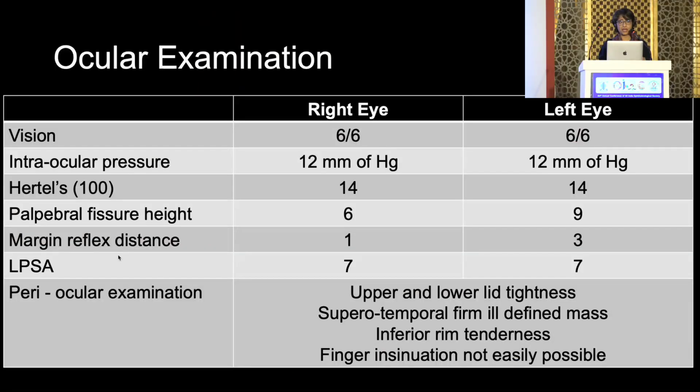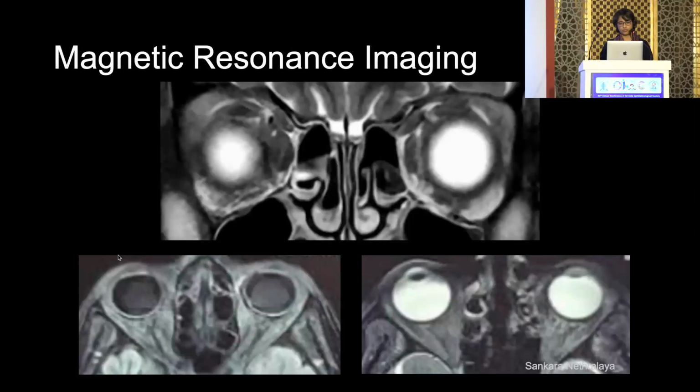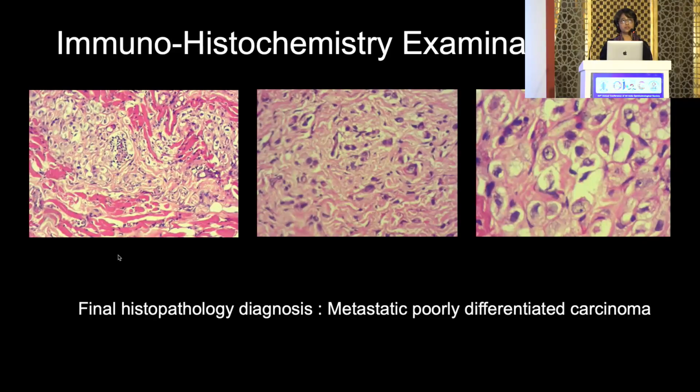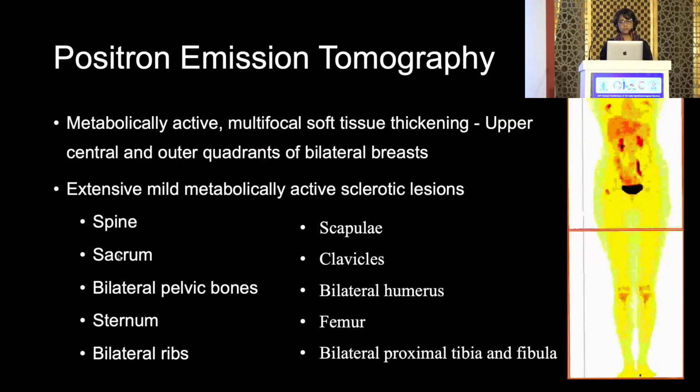And when we actually palpated her entire orbit, both of them were stiff, with a firm, ill-defined mass palpable in the superotemporal quadrant. MRI showed thickening of all the extraocular muscles along with a diffuse orbital ill-defined lesion. Biopsy confirmed a metastatic poorly differentiated carcinoma, and a PET scan showed a multifocal lesion with primary in the breast.